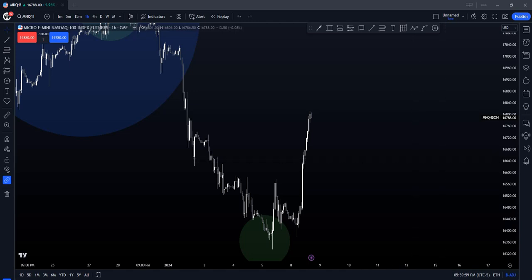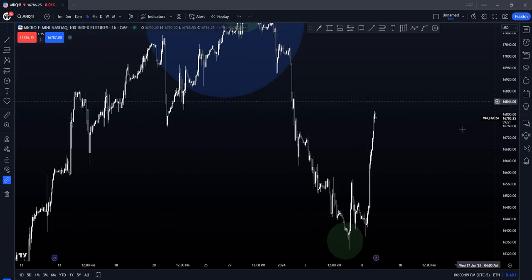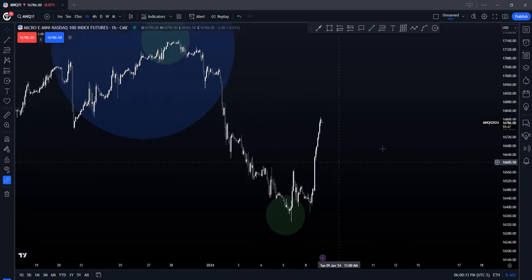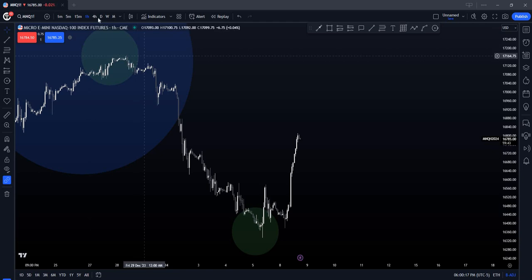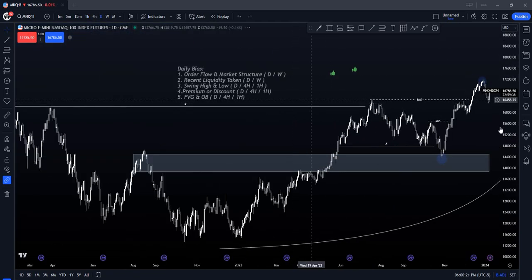Seeing this playing out here, on the daily time frame, we are bullish. On the 4 hour and the 1 hour, we are bearish, because it's from high to low. So we come to the daily, look at our steps again.